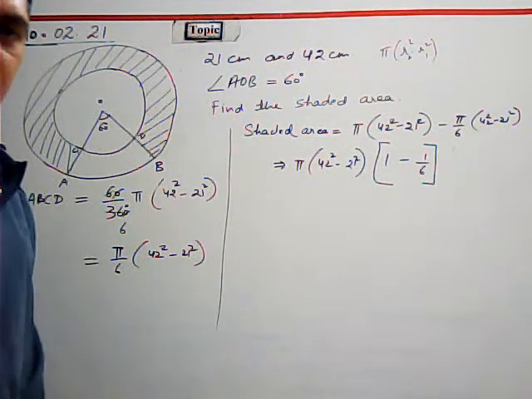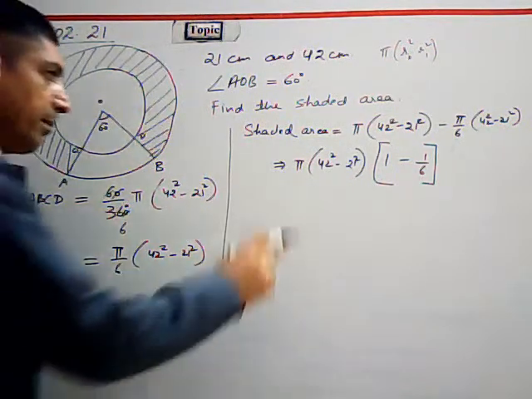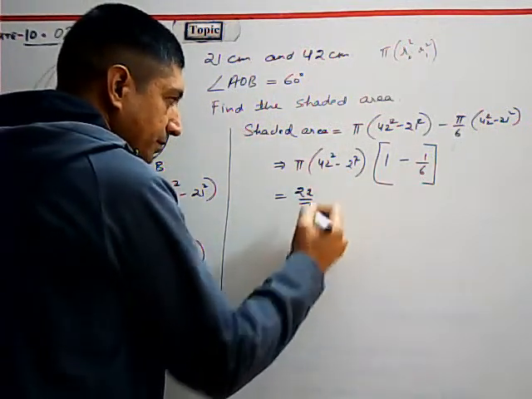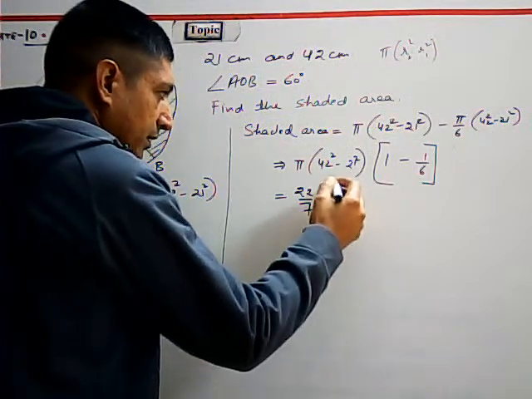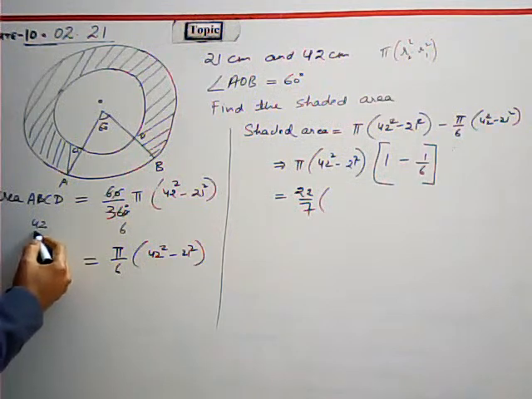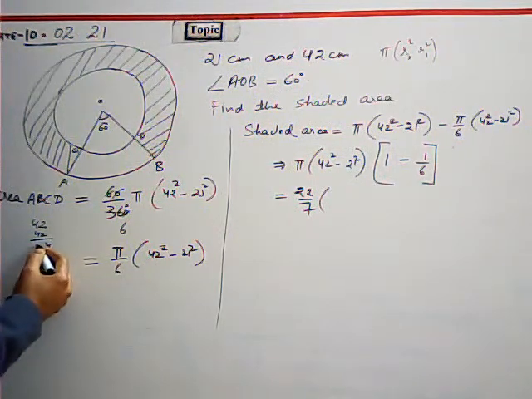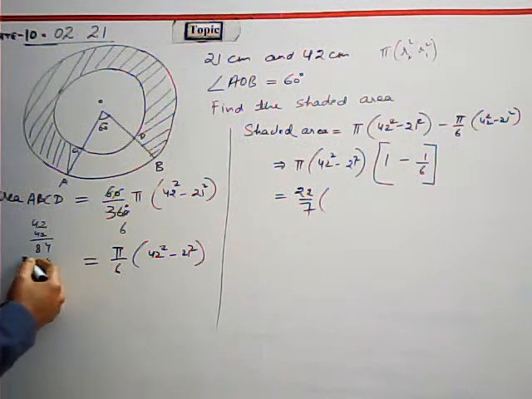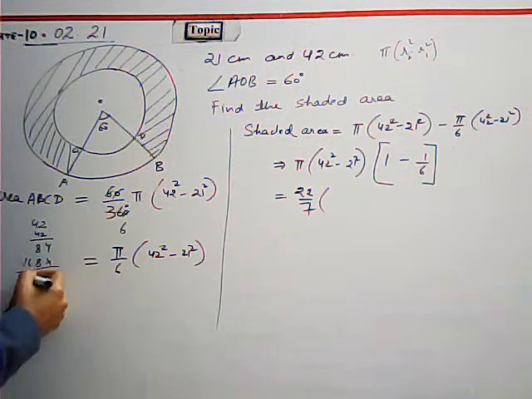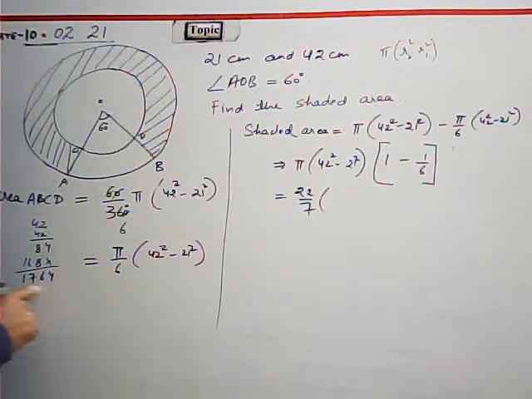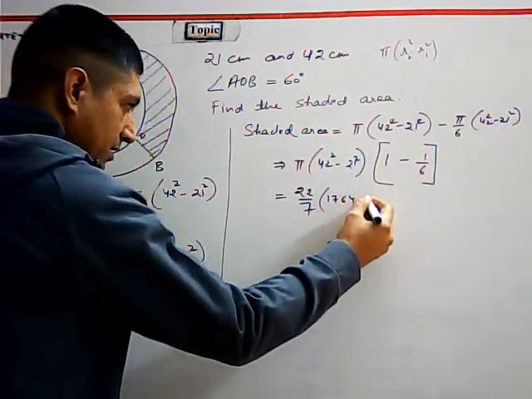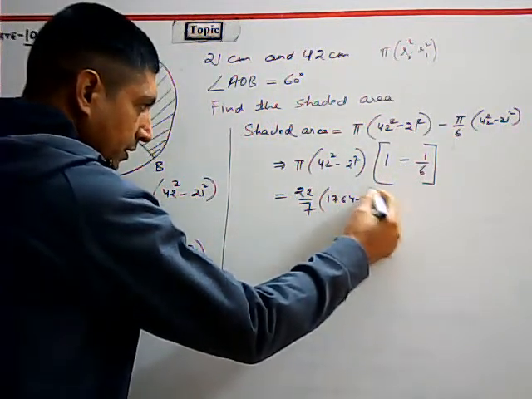Good afternoon dear. So here we have pi, you can put the value of pi as 22 upon 7, and here we can write 42 whole square. 42, 2 2s are 4, 8, 8 and 16, so we have 4, 16, 7, 1764. 1764 minus 441, right?